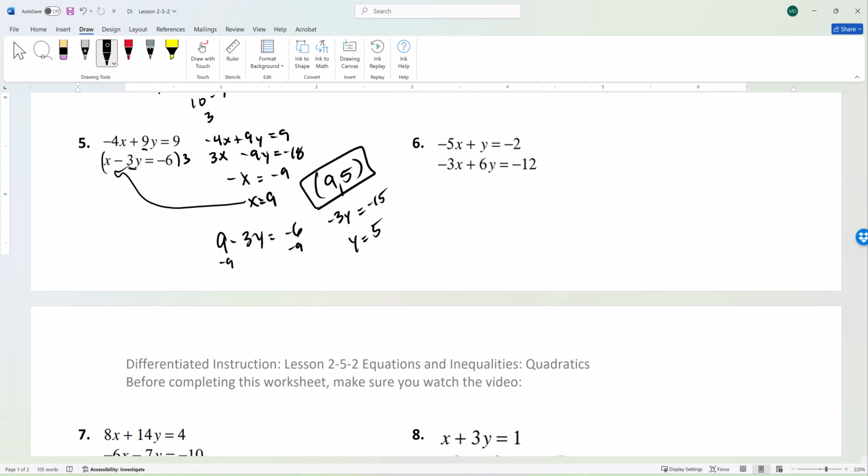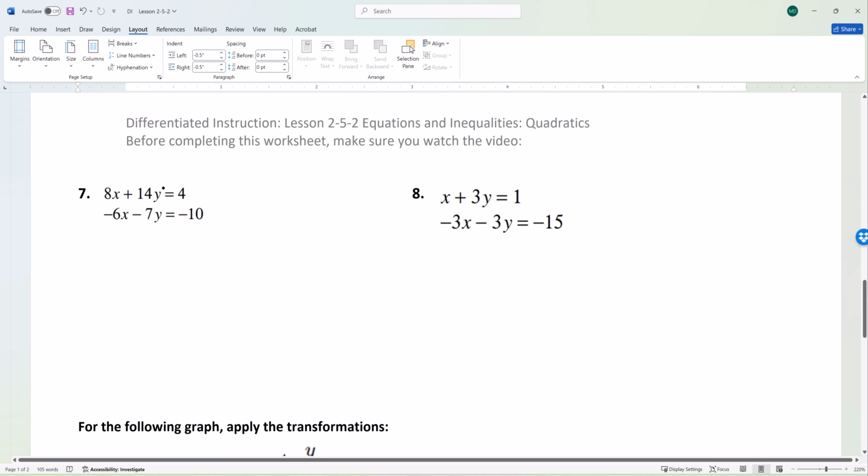For number 6, since it's kind of not very easy to make these opposites of each other, this one's probably a good candidate to get y by itself and then plug it in for y. For number 7, it's really easy to make the y's opposites of each other.